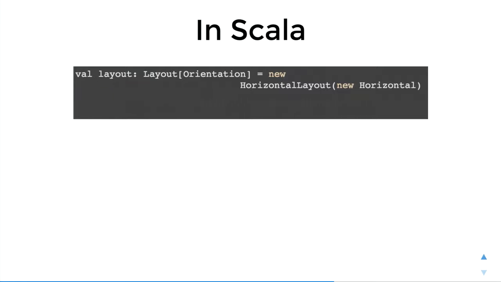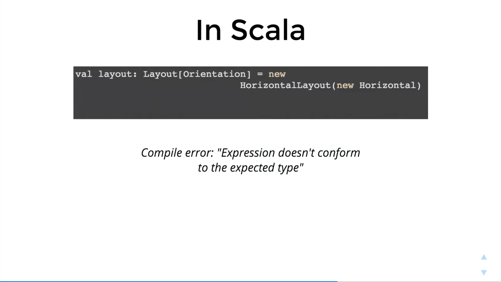Because horizontal is a subtype of orientation, so assigning layout of orientation would be totally valid if we wanted to instantiate a child of it. But it turns out that Scala is going to give you an error. So the compiler is going to be unhappy.